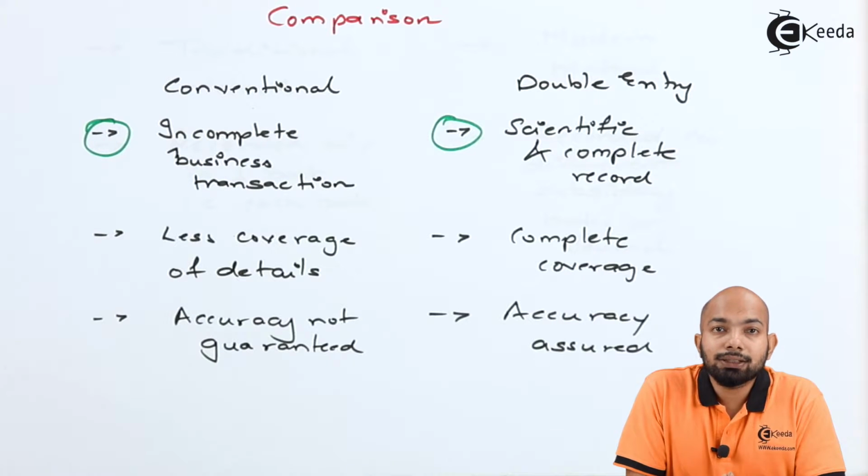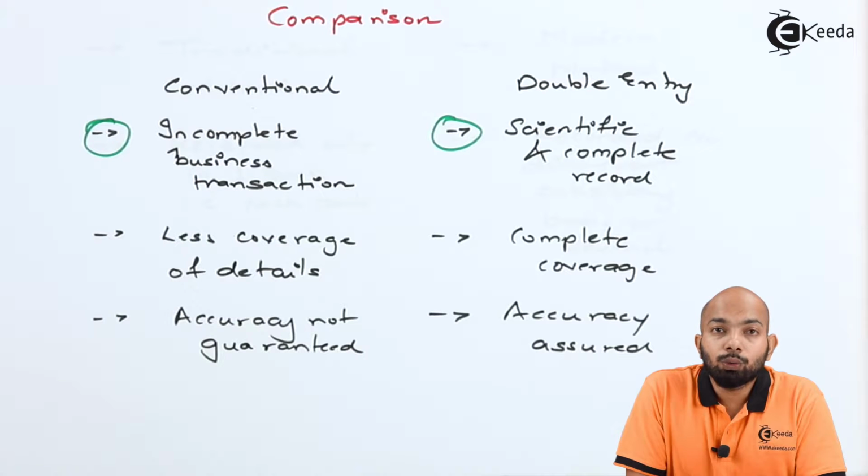However, it is always available in the double entry bookkeeping system because it mentions the debit transaction and the credit transaction for every aspect. Any transaction will have a debit item as well as a credit item if it is recorded under double entry bookkeeping. If it is recorded under the conventional system, it will have just one, either the debit item or the credit item. So this is the first difference.